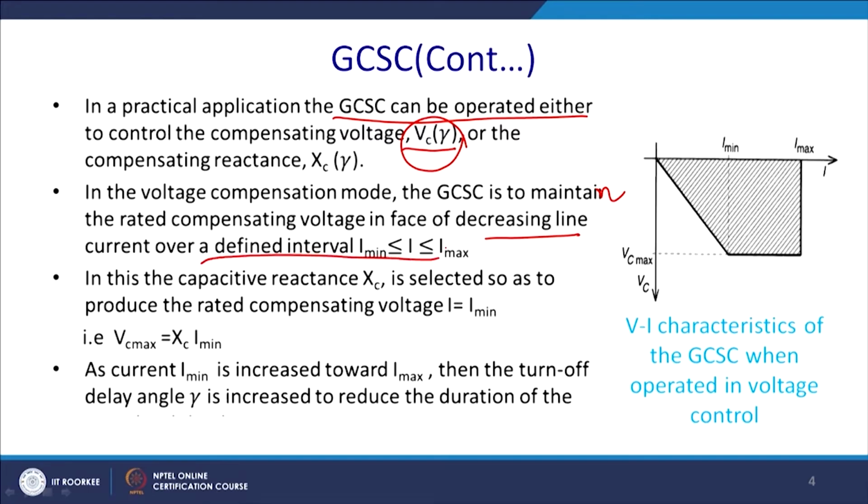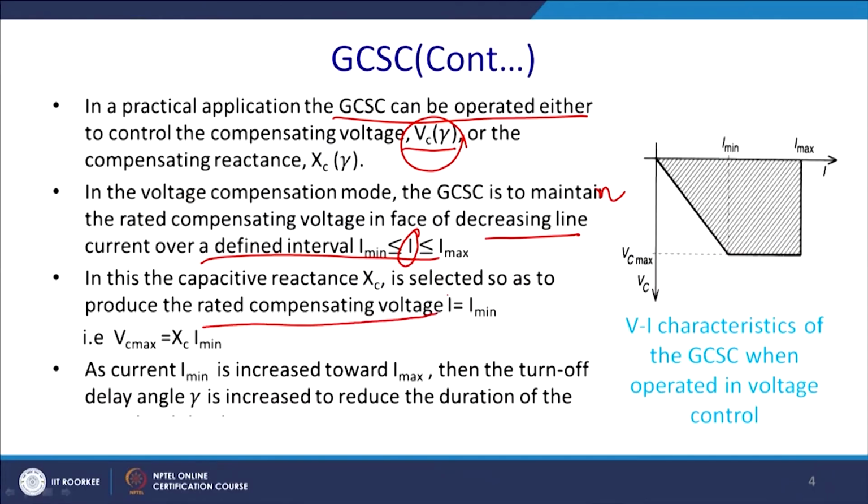So, it is changing, and we have to maintain the desired voltage level. In the capacitive reactance range Xc, it is selected so as to produce the rated compensated voltage, so Vc max equals Xc into I min. This is the Vc max, this is I min and this is I max.